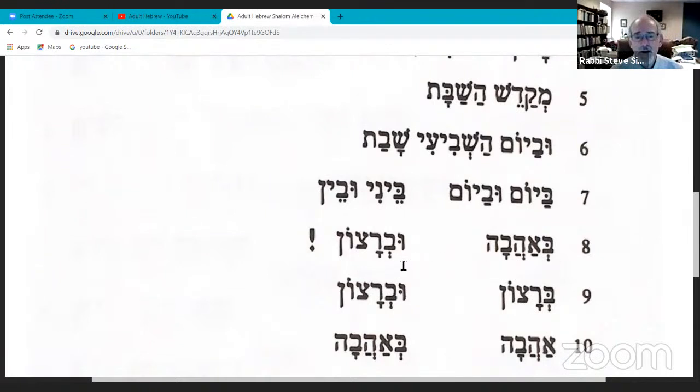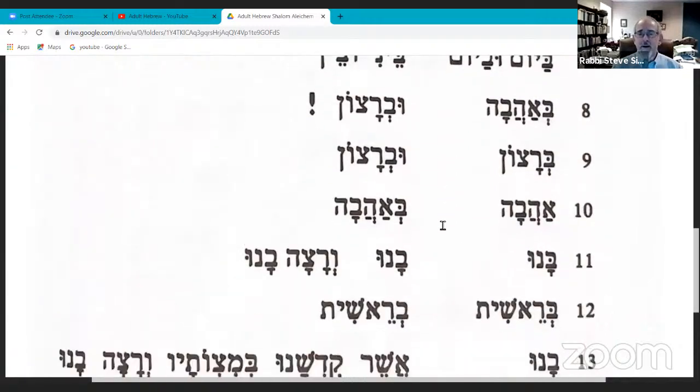Be'ahava Uvratson. Line 9. Biratson. Uvratson. Line 10.